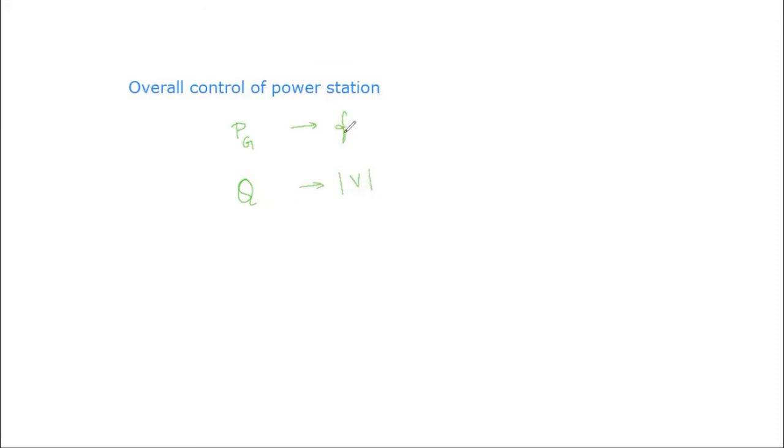So these two are the parameters which are going to control the frequency and voltage, so I call them the control variables. If I control real power generation, then frequency increases or decreases accordingly, and also reactive power.